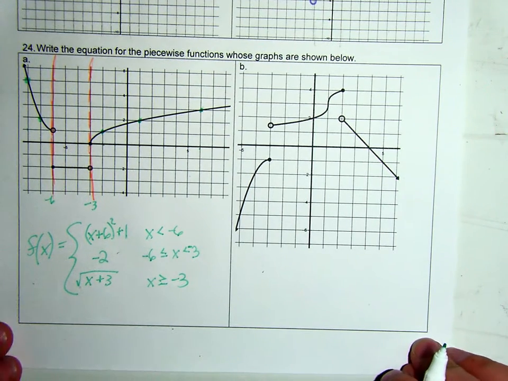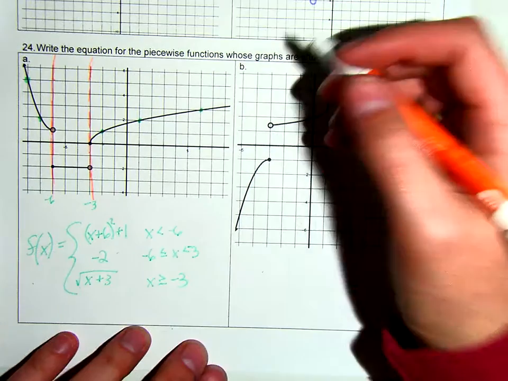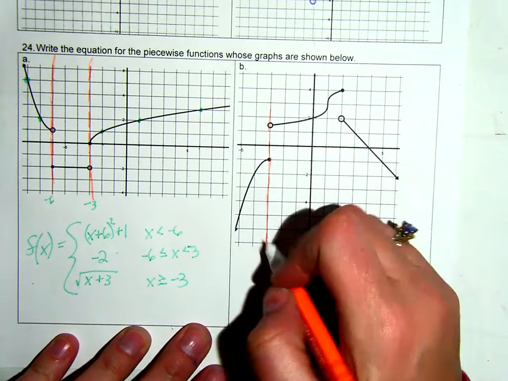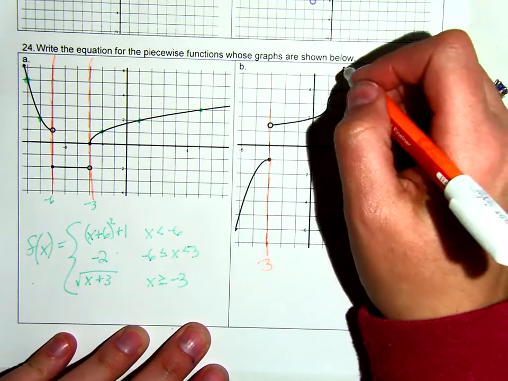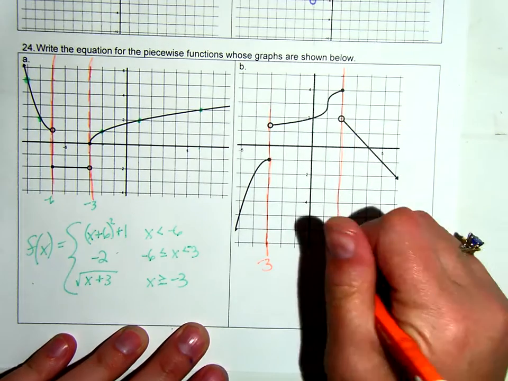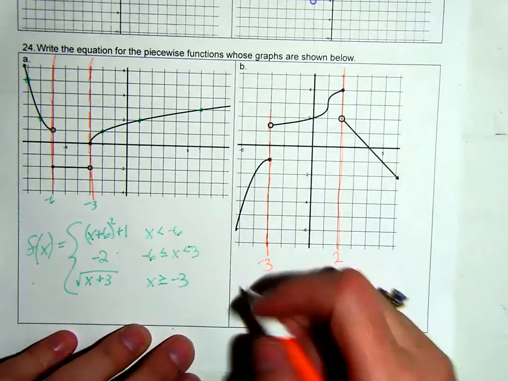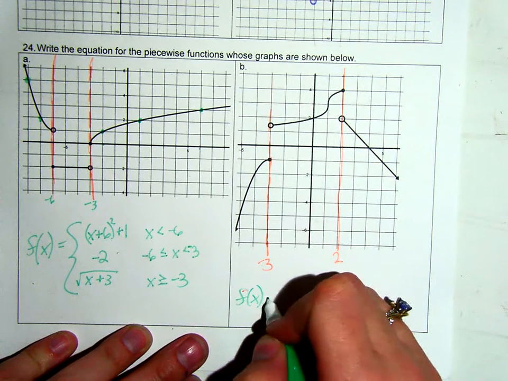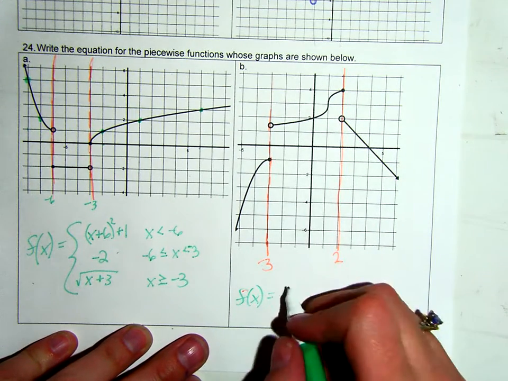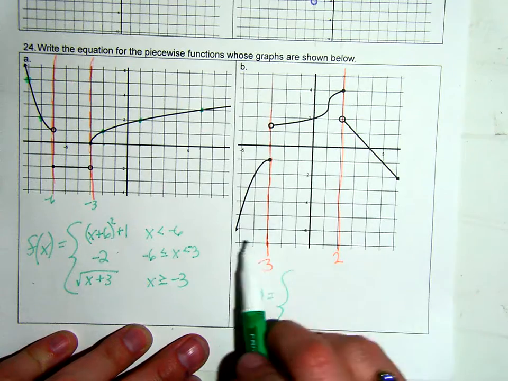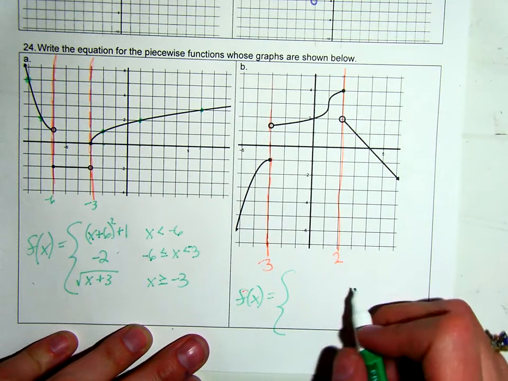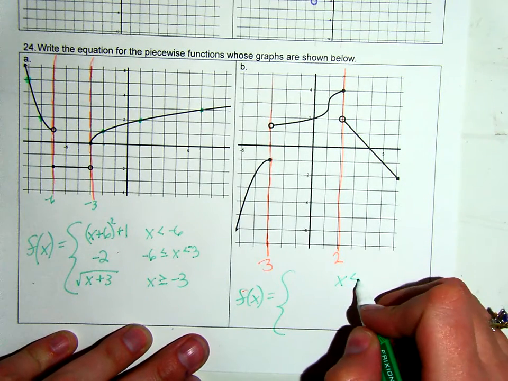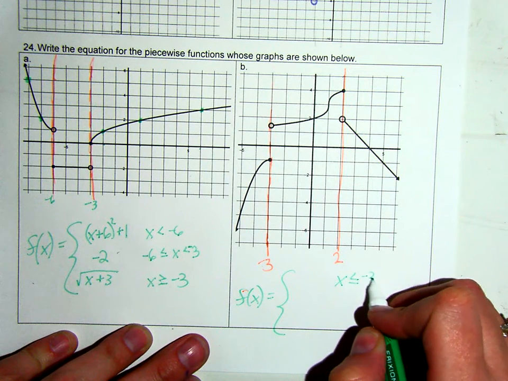On graph B, I need to find our domain breaks again. So I have a domain break right here at 1, 2, 3, so -3. And I have a domain break right here at 2. So my function is going to be f of x equals, and again I have 3 sections. So my first section is less than 3, but it's a closed circle, so x less than or equal to -3.